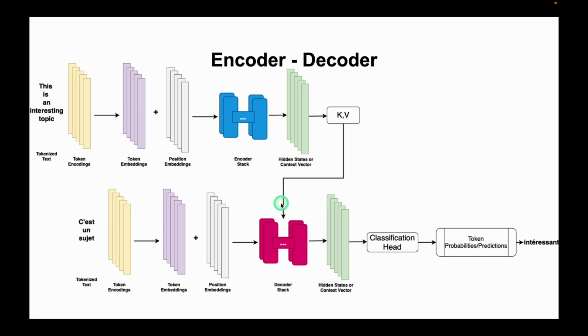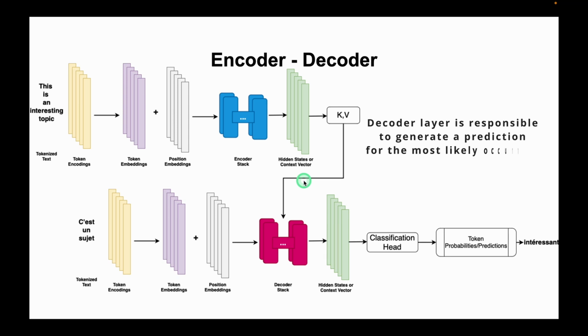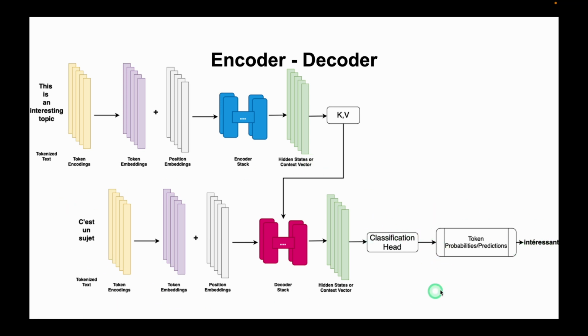This decoder layer is responsible for generating a prediction for the most likely occurring token in the sequence. The output generated by the decoder is again fed to the same decoder until end of sequence, or EOS, is reached. In the coming slides, we will be looking into more details about this encoder and decoder mechanism along with the mathematical equations behind them.